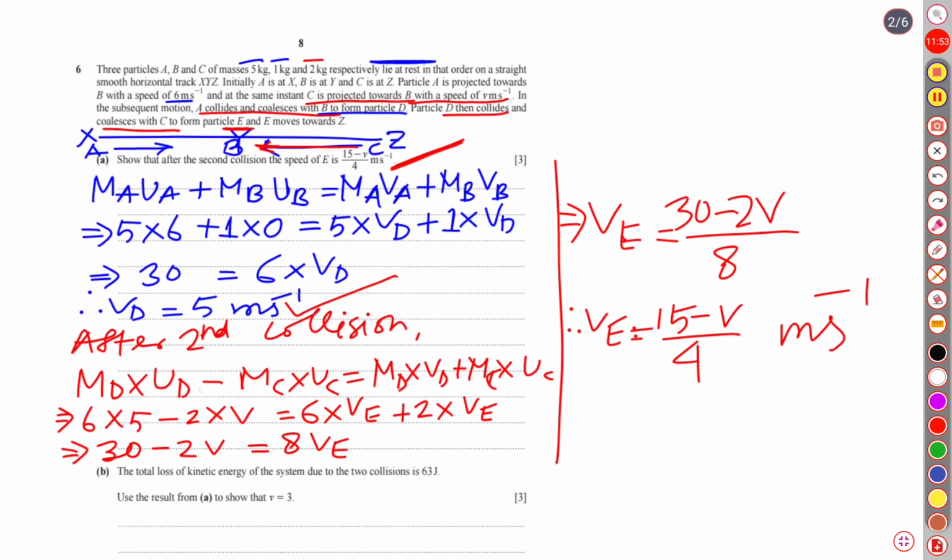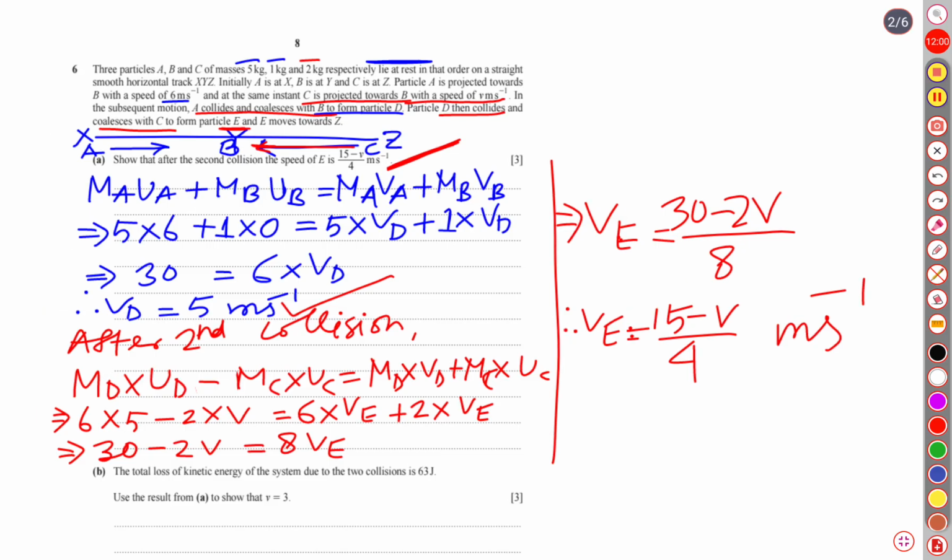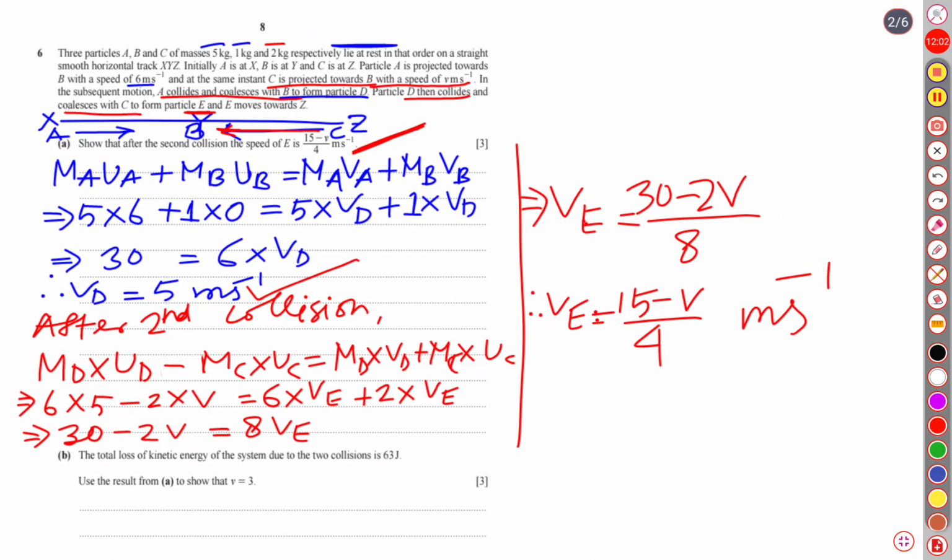So that's all about the solution to the first part of the question, and we have already shown. So simply we have just applied the same concept of the conservation of momentum in two steps because there were two collisions. Let's see what the immediate next question says.